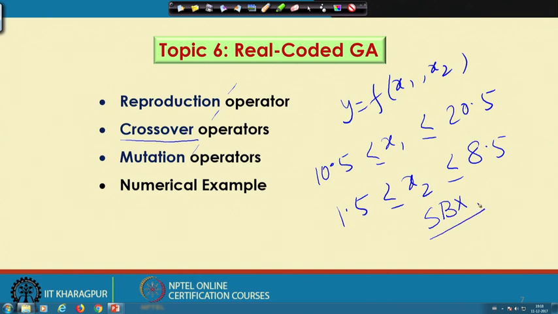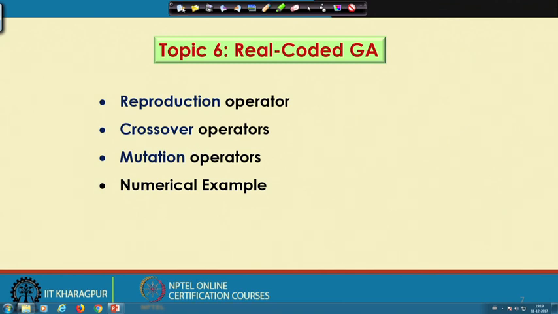To summarize the principle of SBX, the probability of creating the children solutions from the parents is expressed with the help of a polynomial sort of function, and we define a contracting zone and an expanding zone for this crossover. Let me explain a little bit once again.